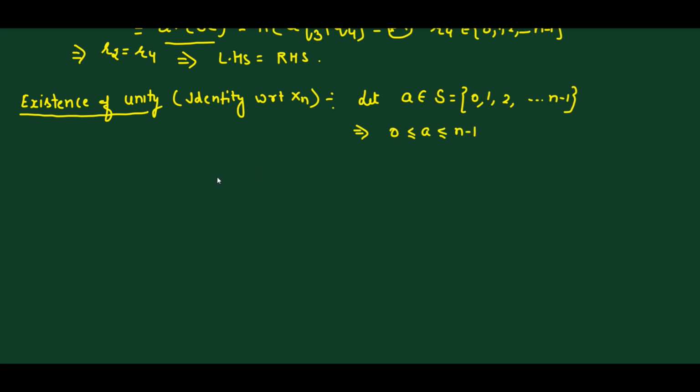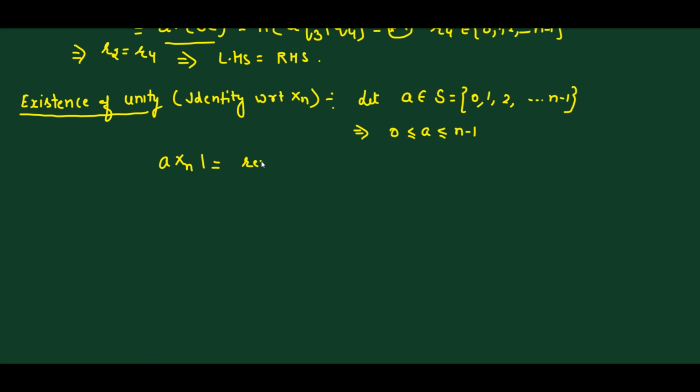What do you expect? The identity in multiplication generally turns out to be 1. So let's see what by the definition we have.